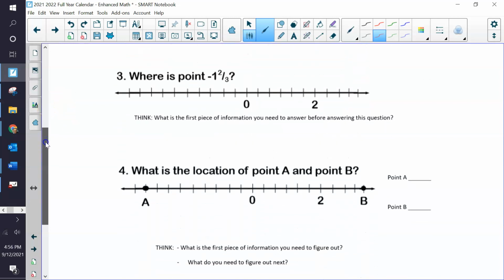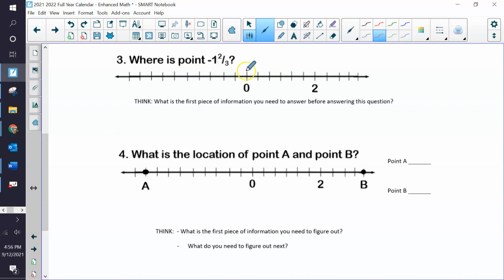Number 3, it's a little bit harder. I can see 0, and here is our clue right here. This is information that we need to know what are we counting by every time we see these marks. And since this is 2, my first question, this is always the first question, always, is where's 1? And where are the other whole numbers and integers so I can put them on this number line?